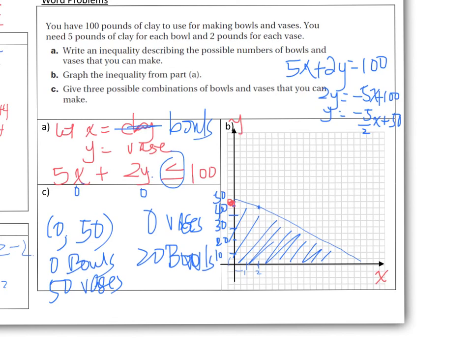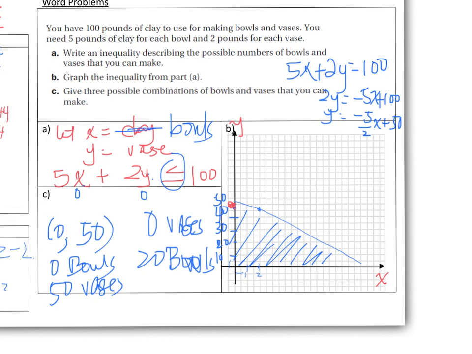And if we were to find a third combination, maybe we can let y equal 30 vases. Okay, so 5x plus 2 times 30 less than or equal to 100. Then 5x, 2 times 30 is 60, 100 minus 60 is 40.